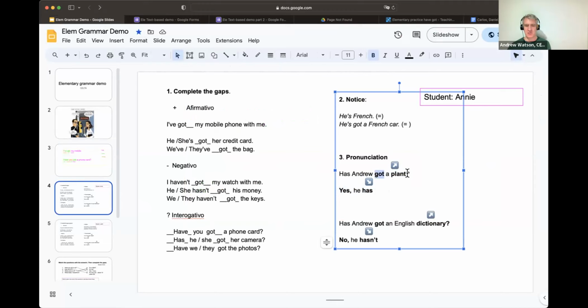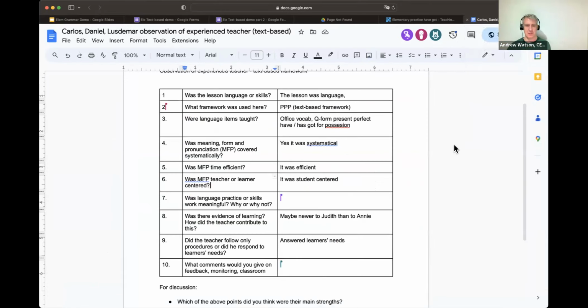You can see the words are stressed in bold, and there are little arrows to indicate the direction of the intonation. Probably the most teacher-centered part was the pronunciation, right? Because I was being like a conductor, trying to get them to move their bodies.